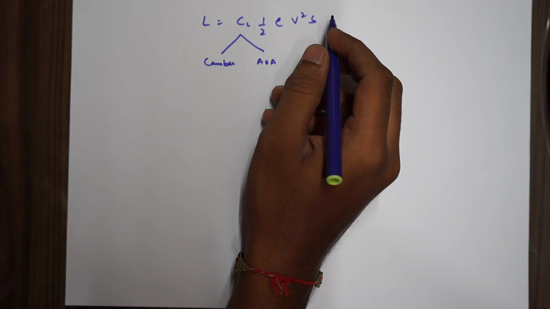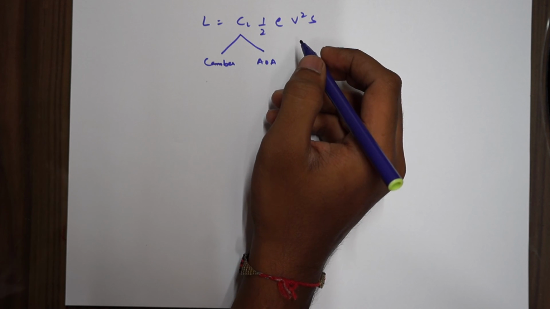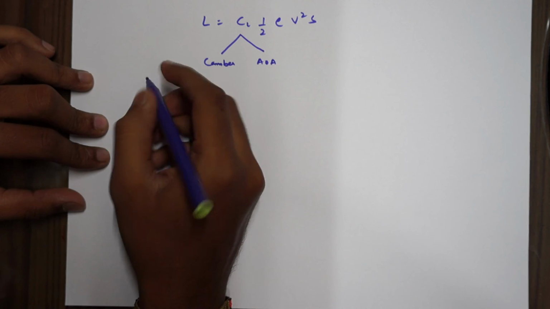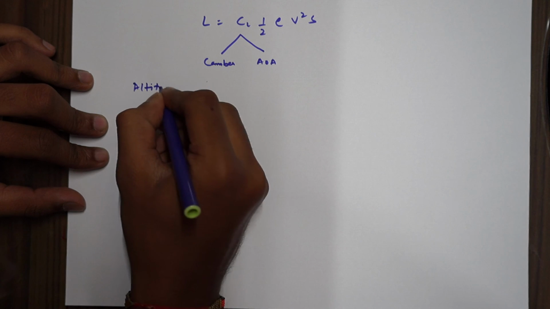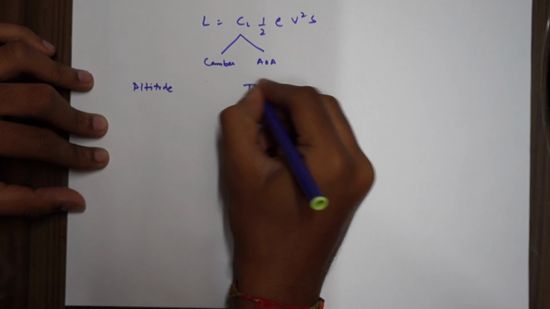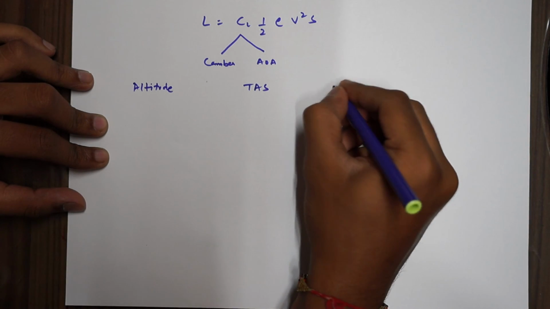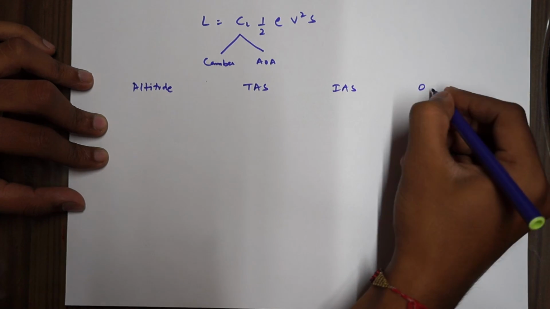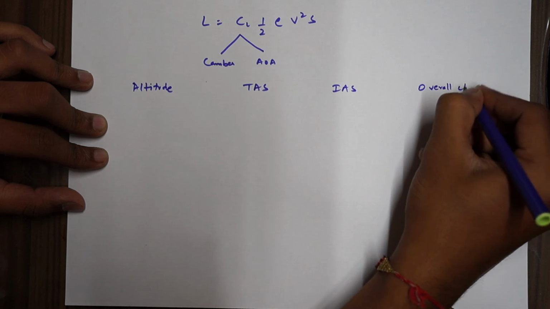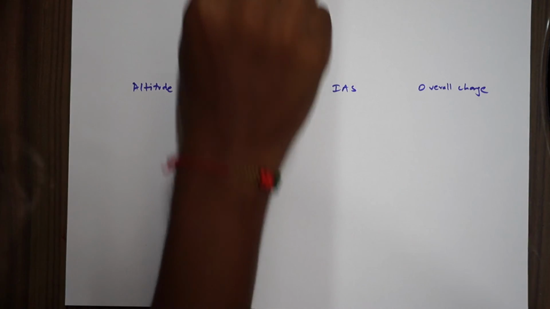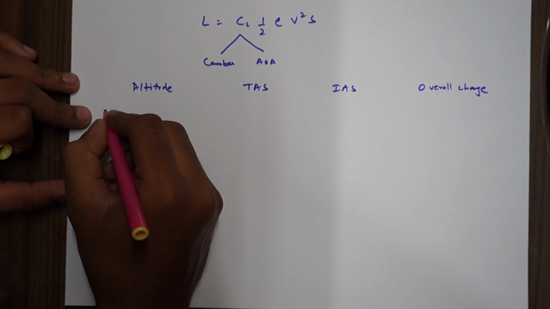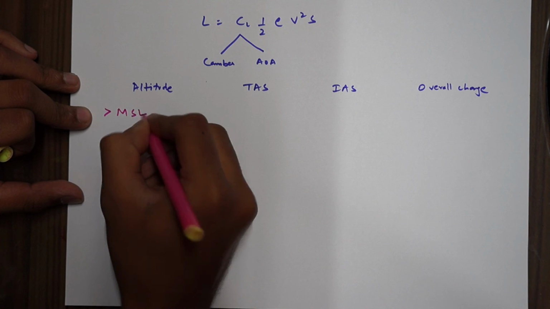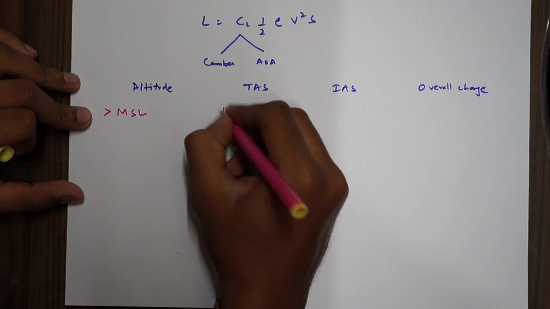Alright, so now we'll discuss something important, that is, just note down this table. Okay, altitude, TAS, IAS, and overall change. Okay, so if your altitude is greater than mean sea level, MSL, your TAS will increase.